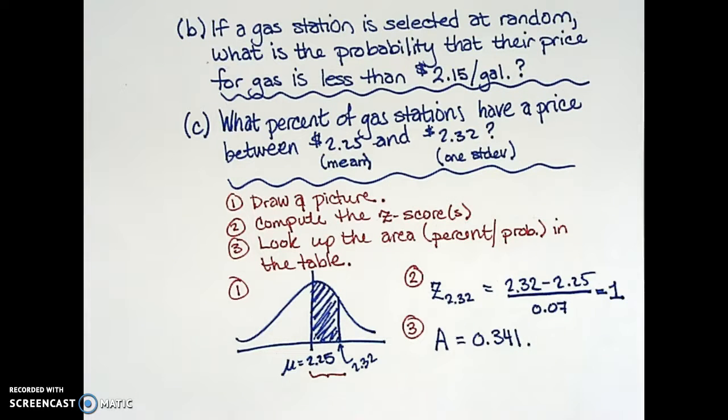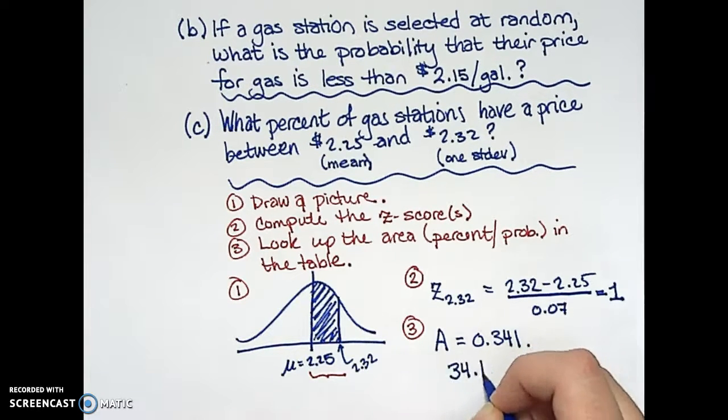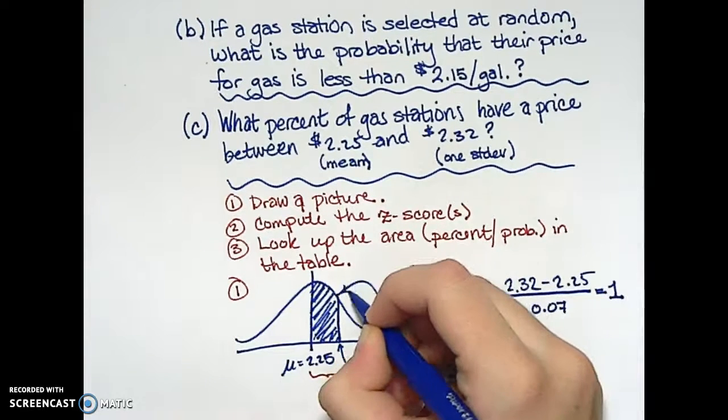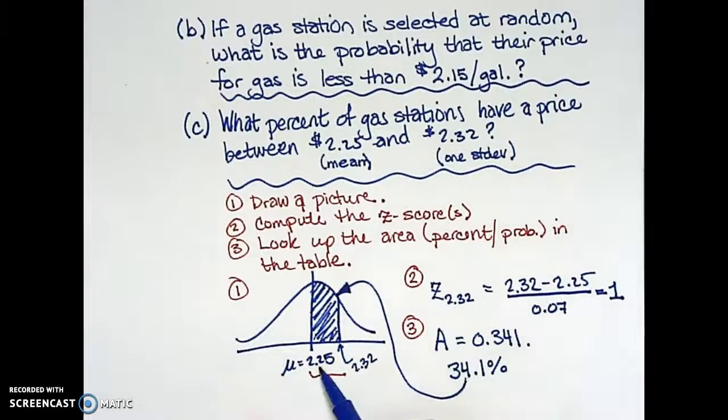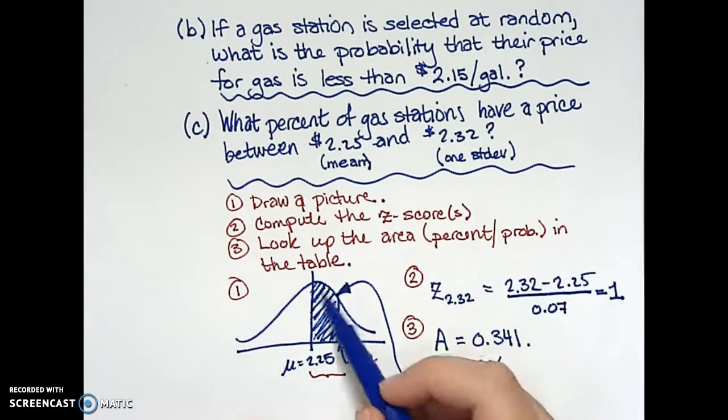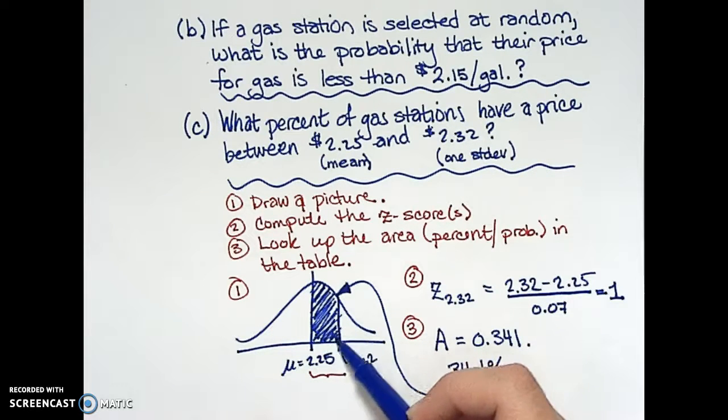Remember, the area is equal to the percent, which is equal to the probability, but we have to multiply this by 100 to get the percentage. So 34.1% of gas stations have a price of gas between 225 and 232, because the area here is 34.1% of the area beneath the curve.